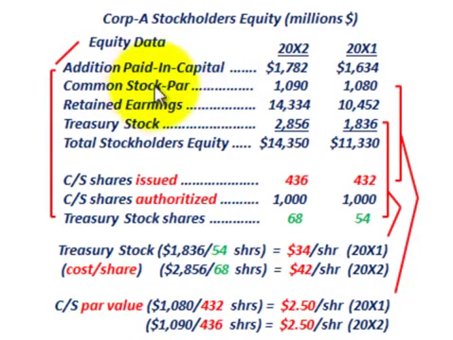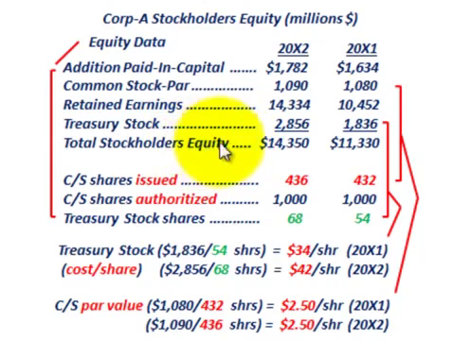That's the amount above the common stock par value, and it would be net of any treasury stock additional paid-in capital, but we're just going to look at treasury stock as one lump sum at cost. Then we'd have our common stock par amount, and then we have retained earnings that the company has, and then we have the treasury stock listed here. These are total amounts for each of those categories, and then we're showing the total stockholders' equity.